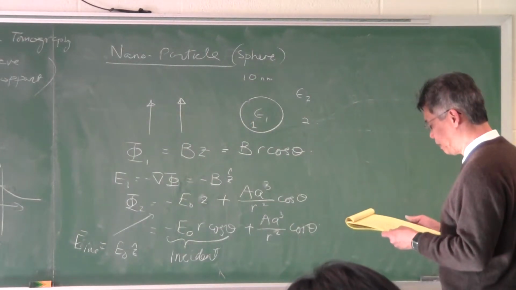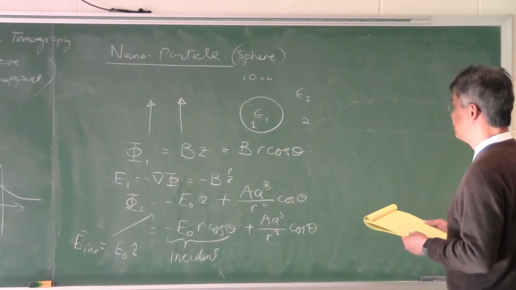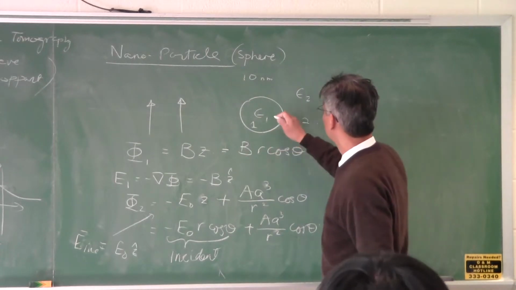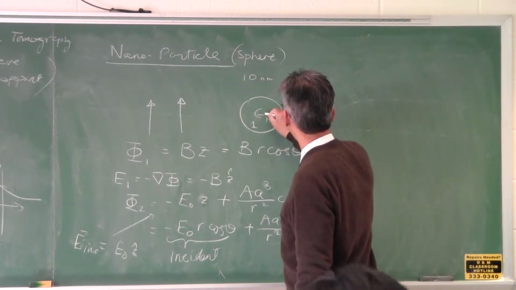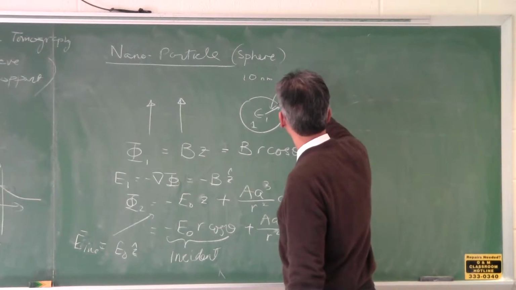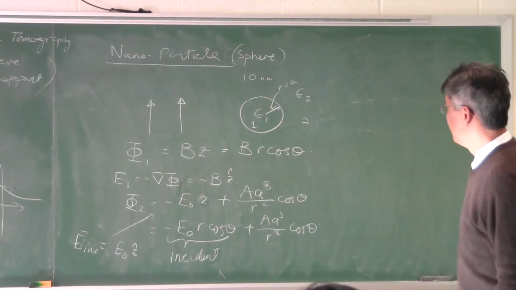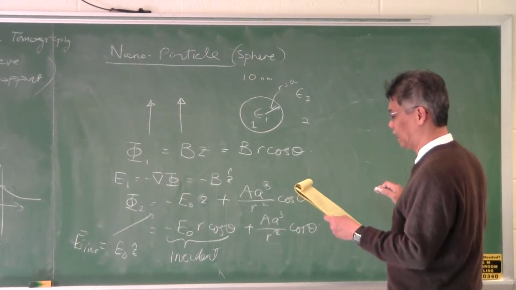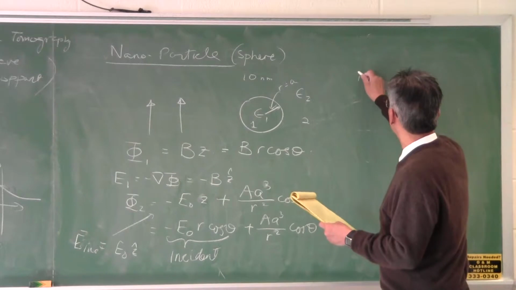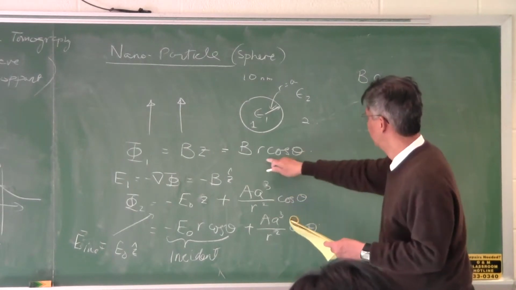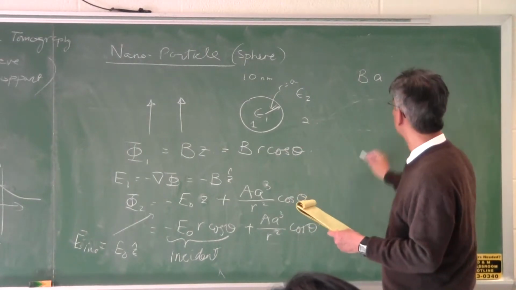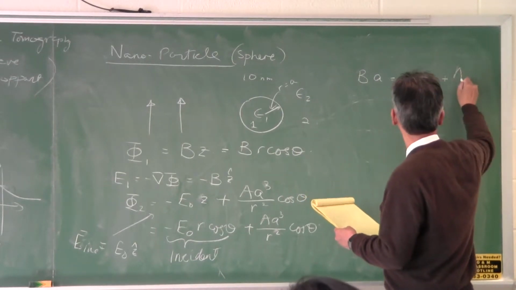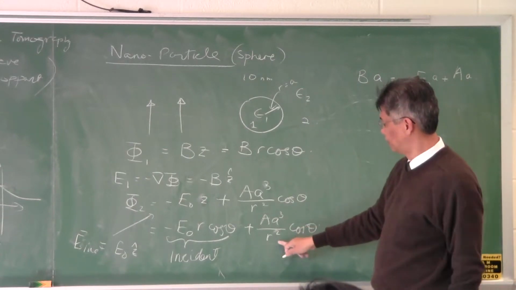Now I match boundary conditions. I match the boundary condition that potential must be continuous at r equals a, on the surface of the particle. If I enforce that potential must be continuous, I get this very simple equation: B a, with cosine theta canceling throughout, must be equal to minus E0 a plus A over a squared, if I let r be equal to a.